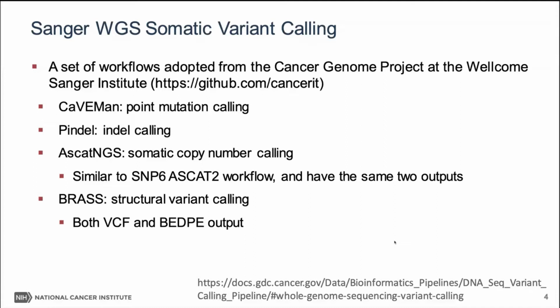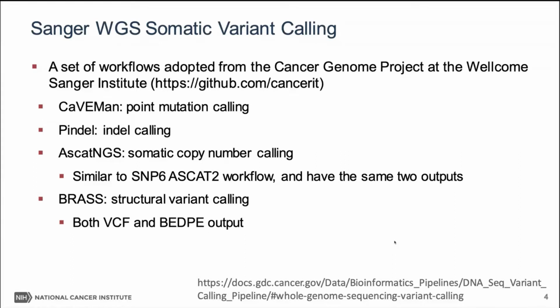We also have a somatic copy number variant caller called ASCAT-NGS. It uses an algorithm called ASCAT. As I mentioned, in a later part of this presentation, I'm going to talk about a genotyping array, a SNP6 array.